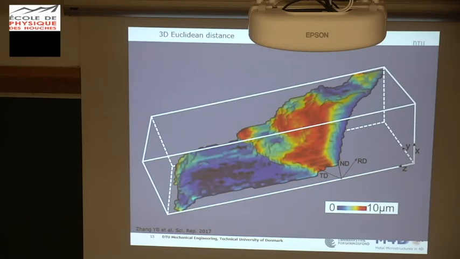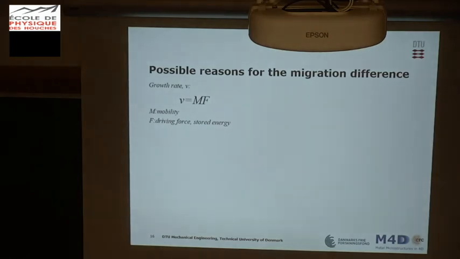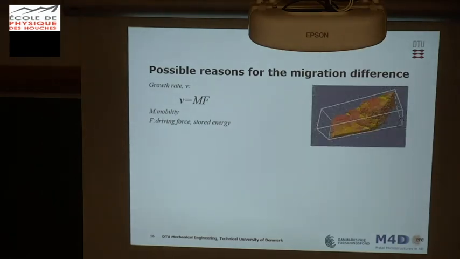Since we have detailed data on the deformation matrix, we can analyze why this part moves faster than this part. The first possibility we can think of is that the driving force, which normally determines the migration velocity, could be different for the facet and the curved part.